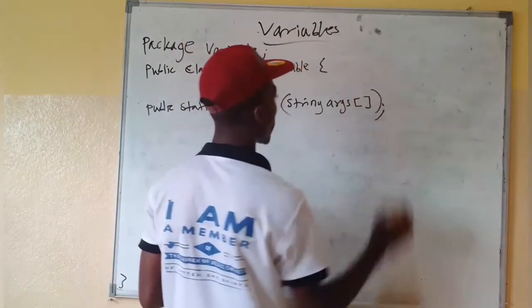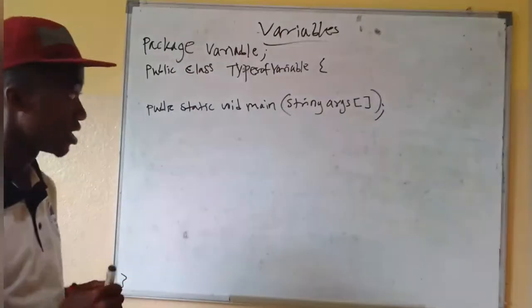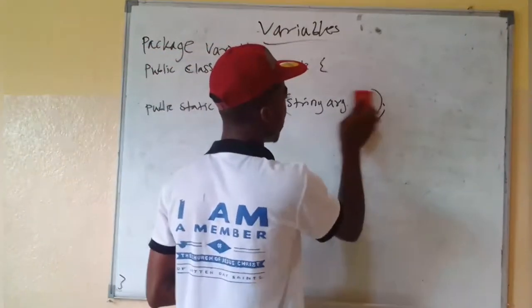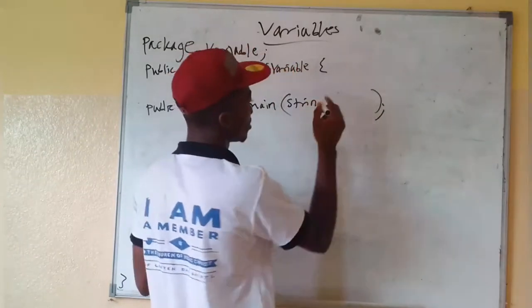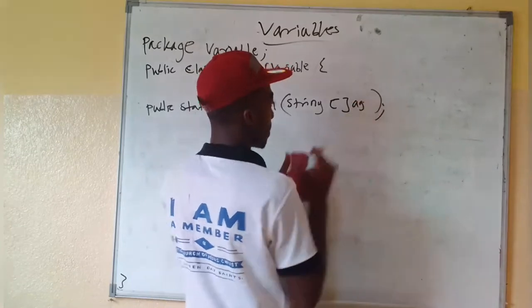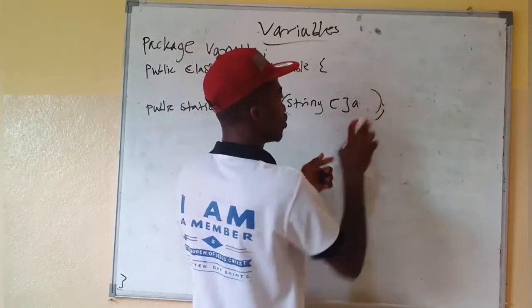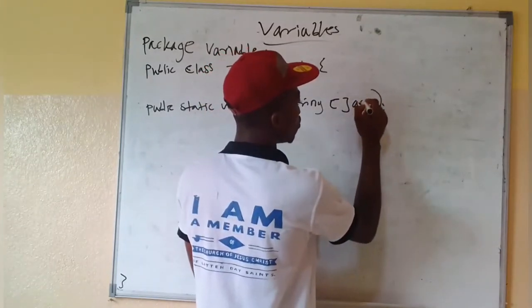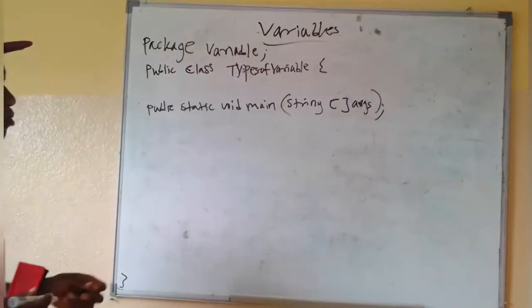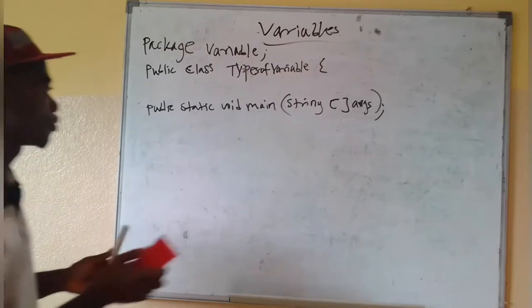Alright? Good. As you are seeing, this is our main method. So just pay attention. I'm going to tell you exactly how you identify these particular variables in a particular program.